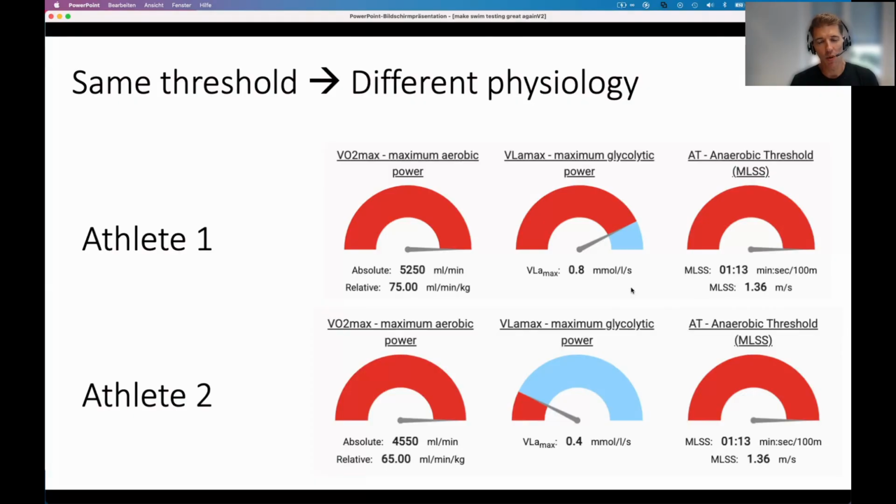Okay, so this is 2 athletes. You just get a snapshot here of the metabolic profile which you get in INSCYD. And I want you to focus on the very right hand here first, which is the anaerobic threshold value. So both athletes here do have the same threshold, 1:13 for 100 meters, which is 1.36 in terms of meters per second.